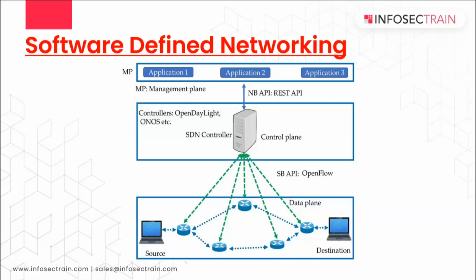This is the part where the network admin will be sitting and controlling the entire network. That's what we call the control plane, right? And then there is the upper one, which you can see, the applications, that is the management plane.